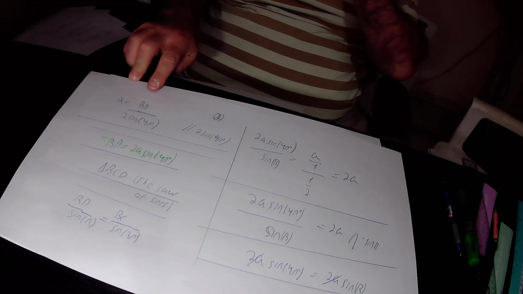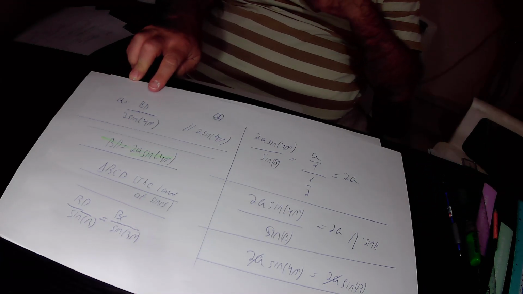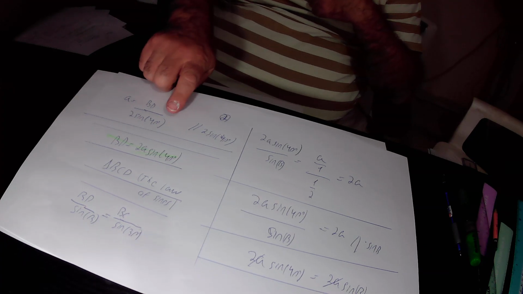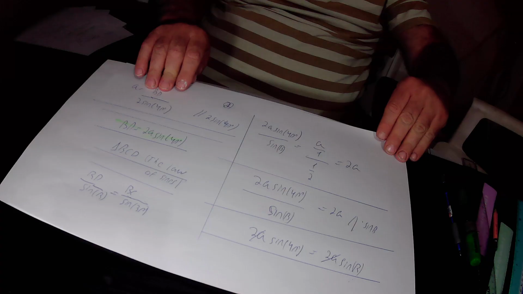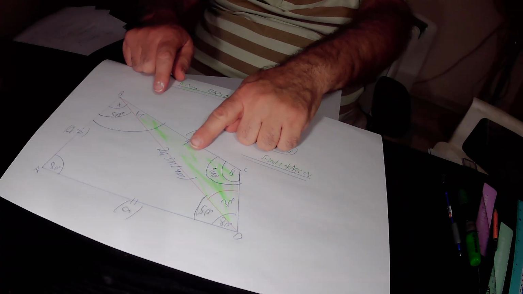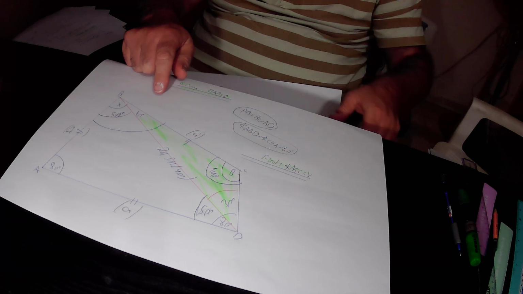Multiplying by 2 times sine 40 degrees, we find that BD equals 2A times sine 40 degrees. This is the missing side BD in its length.